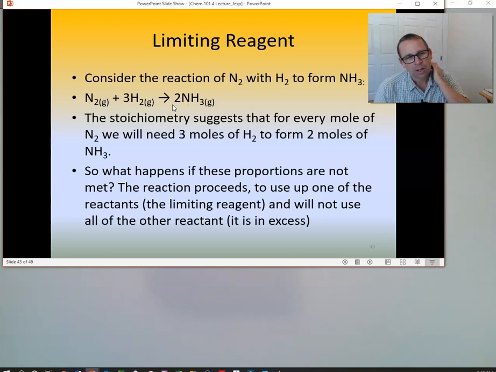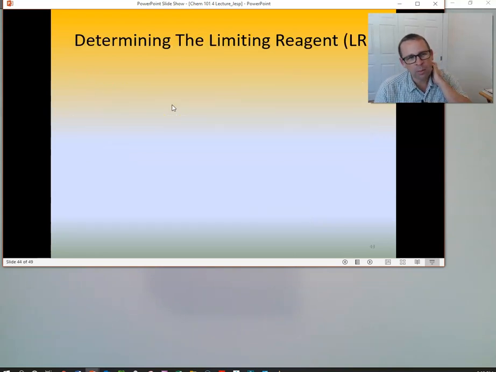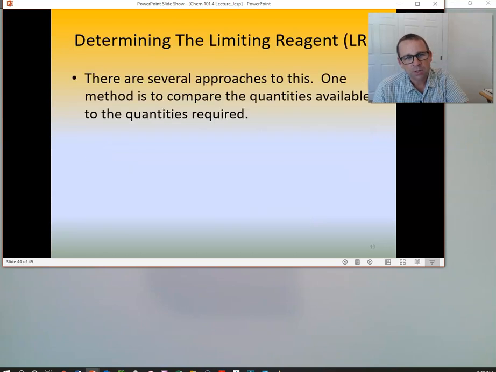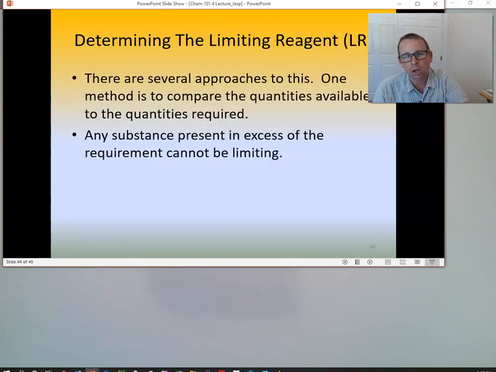Okay? And the way that we determine this, the way that we find the limiting reagent, is we need to solve the answer for how much we're going to get for the 2 different amounts separately.